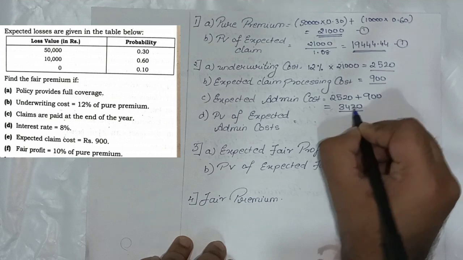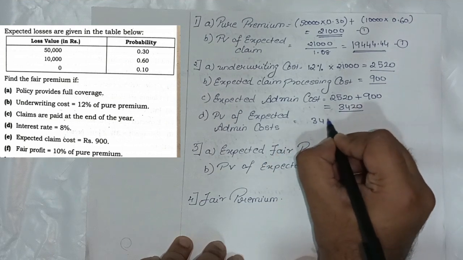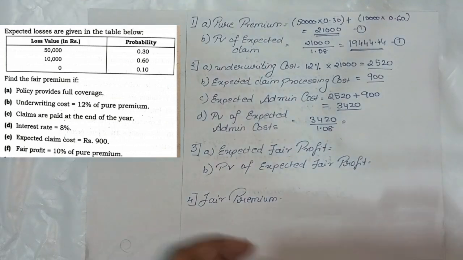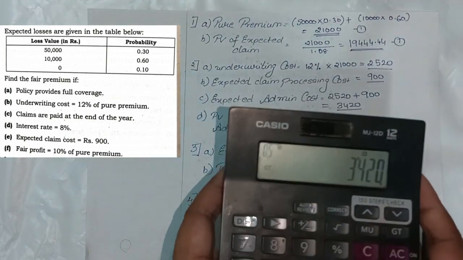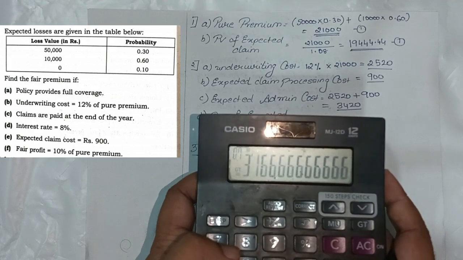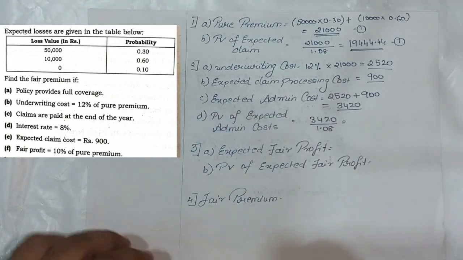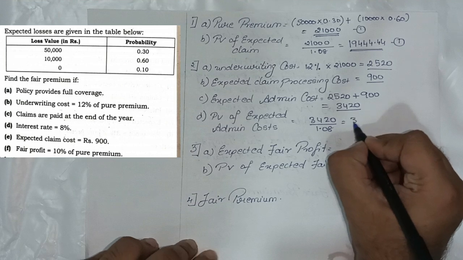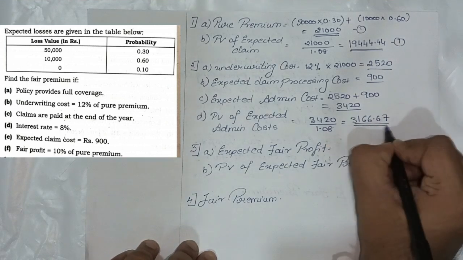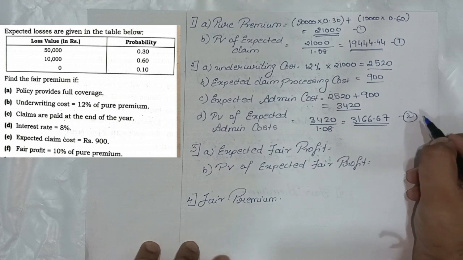Now 3,420, we need to find the PV of that. 3,420 divided by 1.08. So on the calculator, it comes to 3,166.666, so we'll take 3,166.67. Okay, that's our second PV.